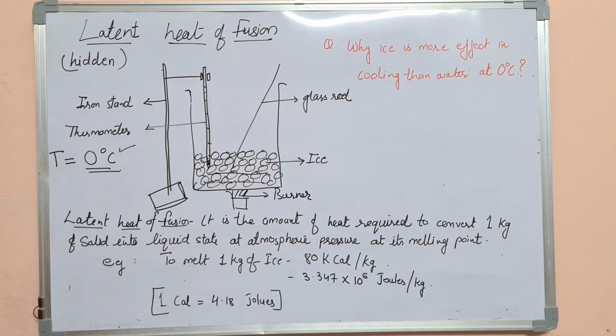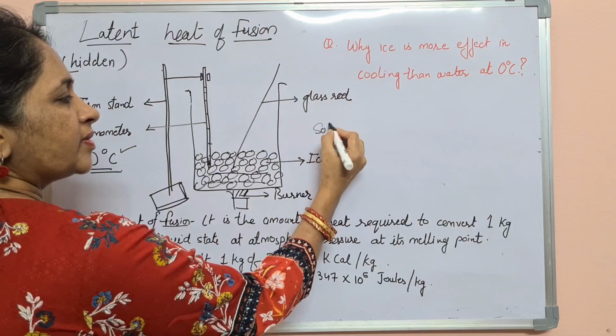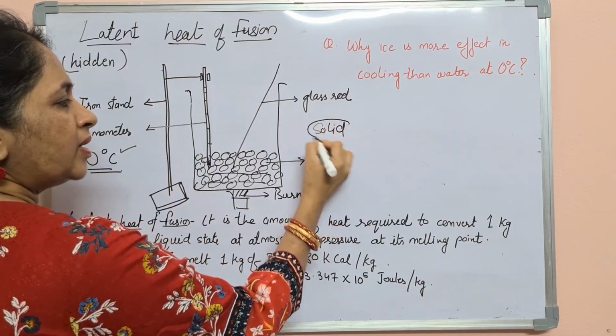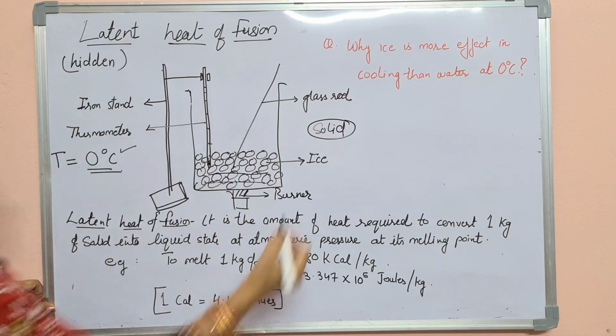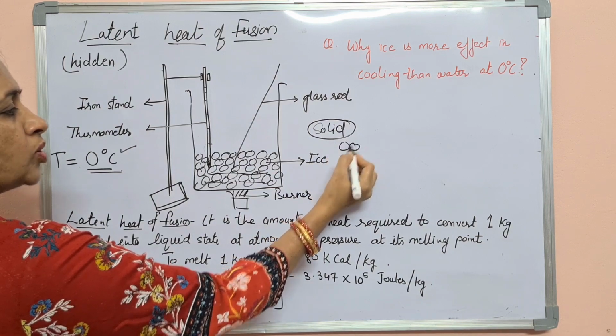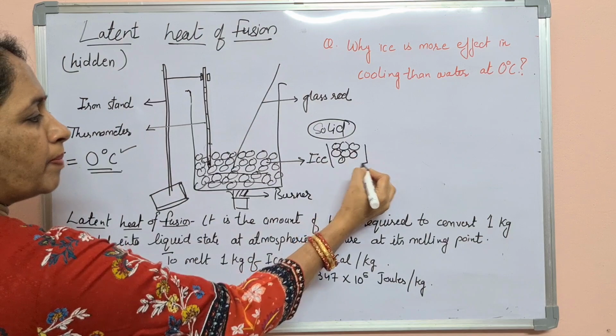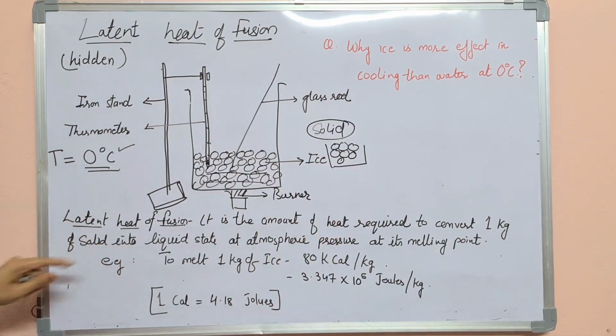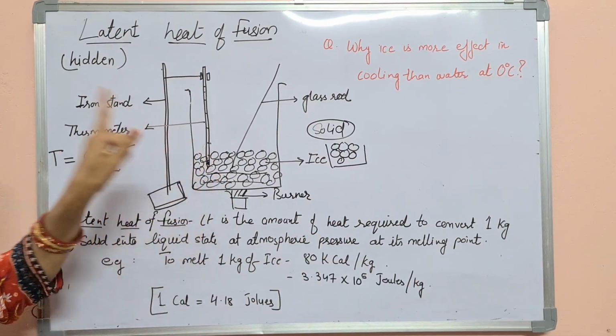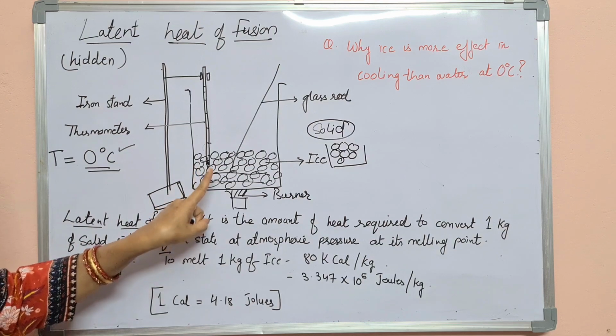So actually what happened here, the ice is present in the container, and ice is present in solid state. Ice कौन से state में present है? Solid state में present है. So in the solid state the molecules are compactly packed. ये ऐसे molecules compactly packed हैं. ठीक है. So when we are heating, वही process होगी जो मैंने explain करी.